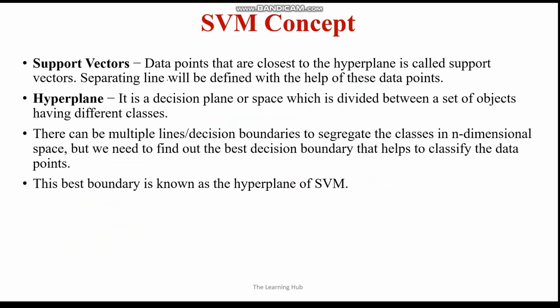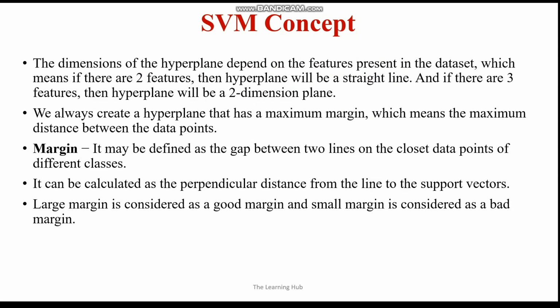So support vectors, we have discussed, are the data points that are closest to the hyperplane, and the separating line will be defined with the help of these data points. And a hyperplane is nothing else, it is a decision plane or space which is divided between a set of objects having different classes. So there can be multiple decision boundaries to segregate the classes in n-dimensional space, and we find the best decision boundary. In this case, we are drawing in 2 dimensions as well as multiple dimensions also.